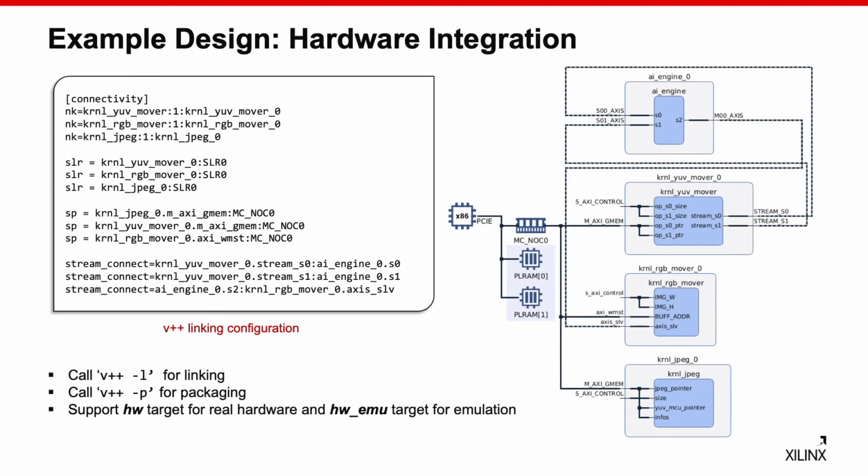The hardware integration step uses the v++ command in the makefile, and a customized configuration file is provided to designate the kernel connection topology. Both hardware and hardware emulation are supported in the flow. You can review the kernel connection in the block diagram on the right.